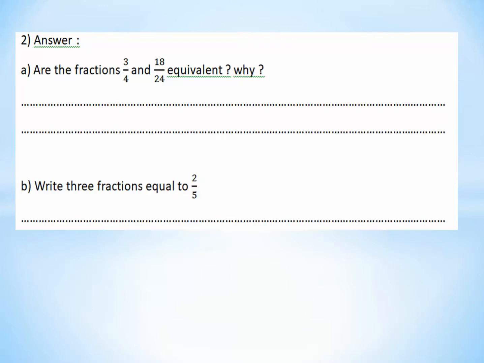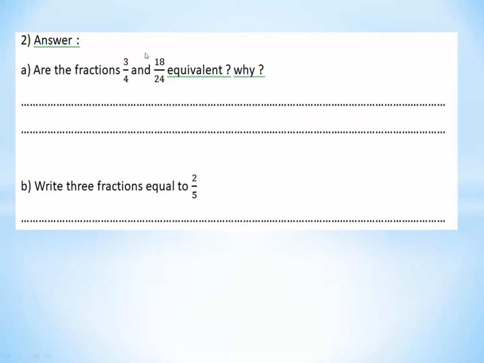Are the fractions 3 over 4 and 18 over 24 equivalent, and why? Let's see. How can we get 18 from 3? 3 becomes 18. What did we do? 3 times what?